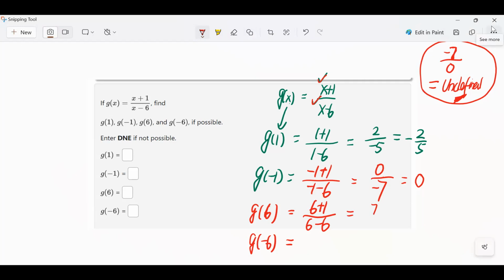I get 7 over 0. Will that be undefined? Yes, undefined. And then they want you to enter it as DNE, meaning does not exist.